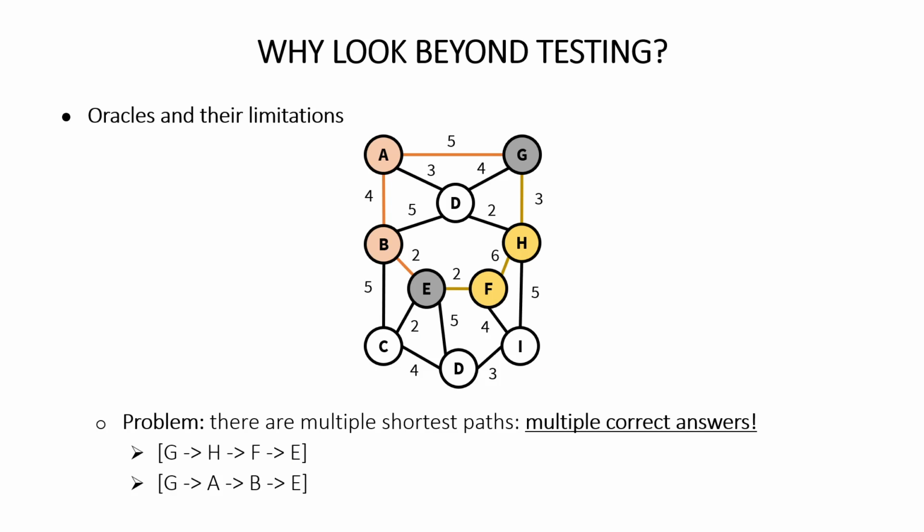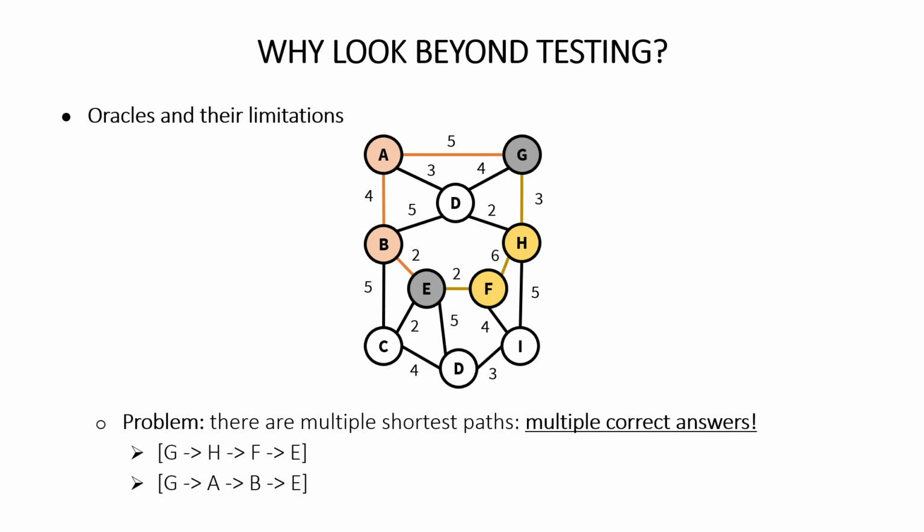Okay, so yeah, if we want to look beyond testing, then we also have some issues that maybe in some graphs, if we want to look for shortest paths, for example, there might be multiple correct solutions. So in testing, we would maybe check, depending on if we want to go from G to E, what's the shortest path?